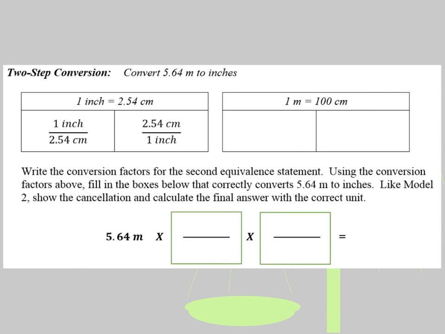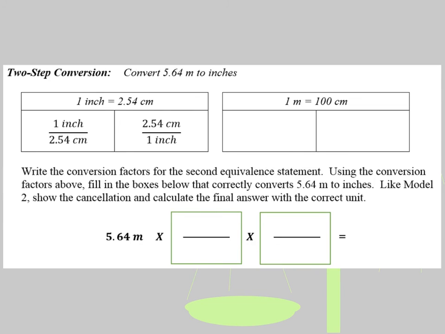In this two-step conversion, you're going to convert 5.64 centimeters to inches. Just like one step, I had the equivalent statement and the two conversion factors given to you. Here's my other equivalent statement. Now you have to write your own two conversion factors, then solve, and make sure you write the right conversion factor that goes into this spot and one that goes into this spot, and then get the correct answer.